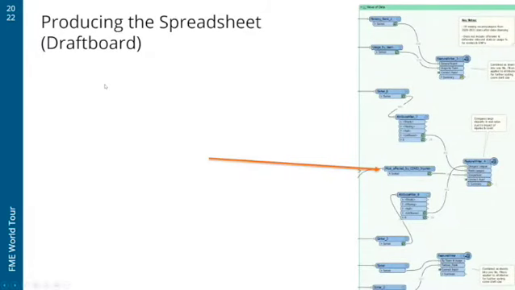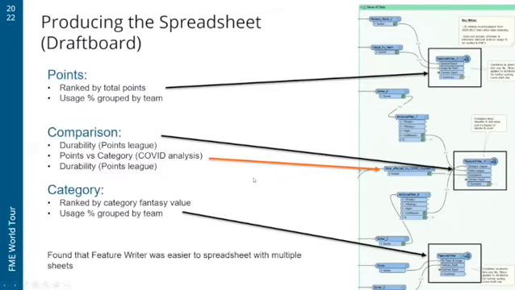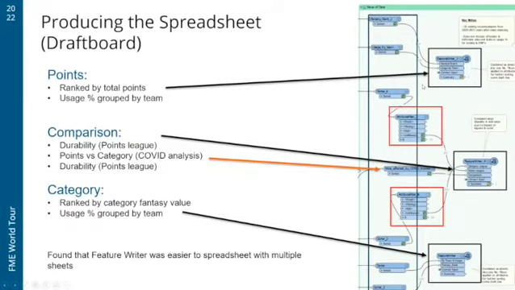So this is where I started producing the spreadsheets and the draft board. I'll just bring everything in to make it a bit clearer. So you've got your points, which is up the top, which is what this square is here. I've just used sorters in this bracket down here to get them in the right order for my draft board, which I actually realized I didn't need to do, because in the Excel spreadsheet you can put in filters at the top anyway.